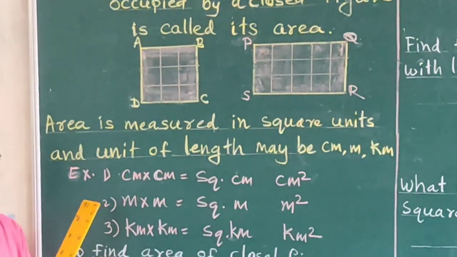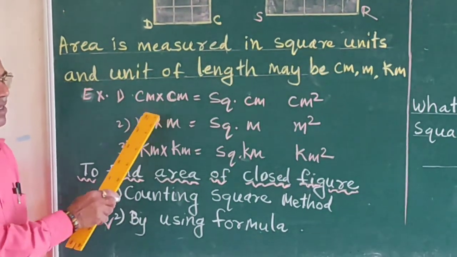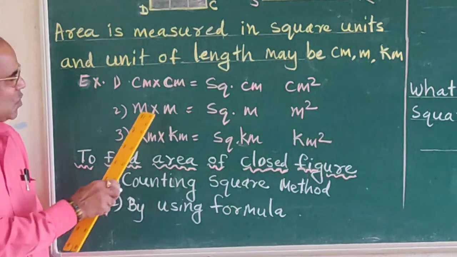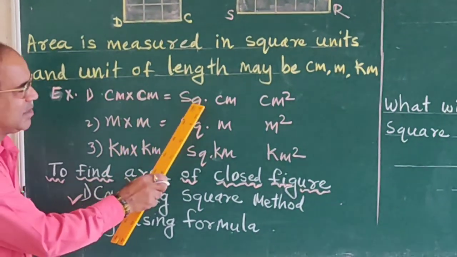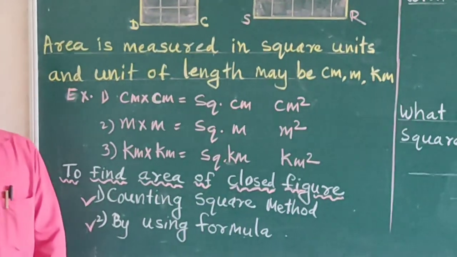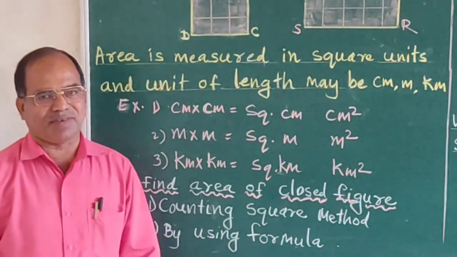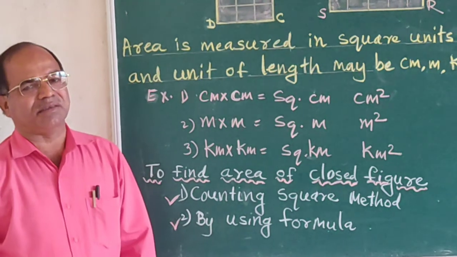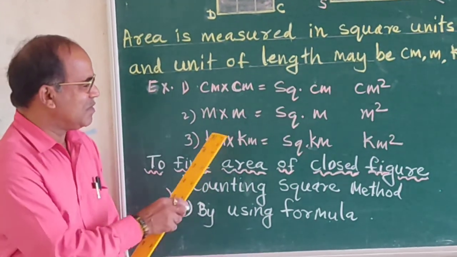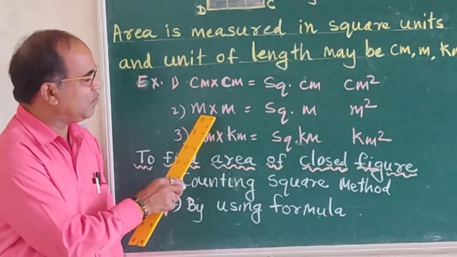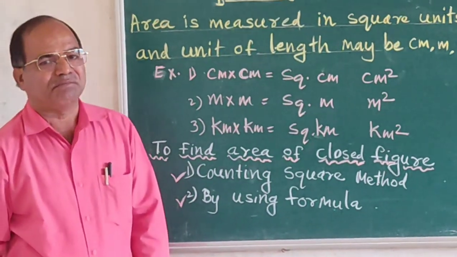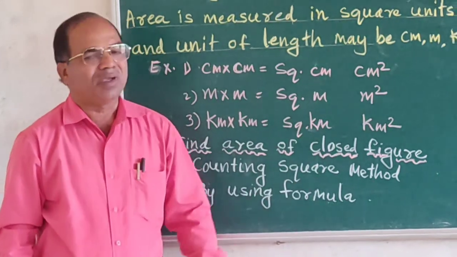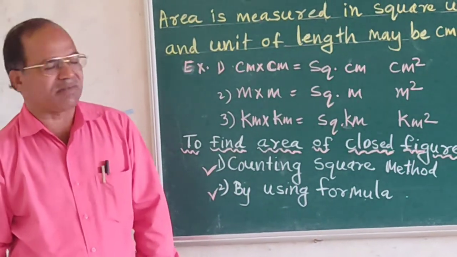For example, if the length is measured in centimeter for a very small object, the unit of area will be centimeter into centimeter, that is square centimeter, or you can also write centimeter square. If the unit of length is meter, then meter into meter is equal to square meter, or it is also written as meter square.